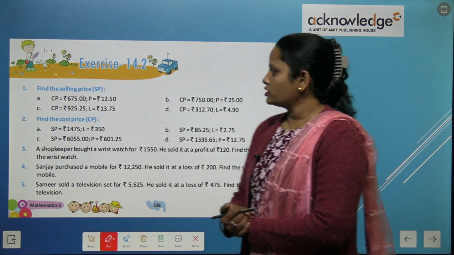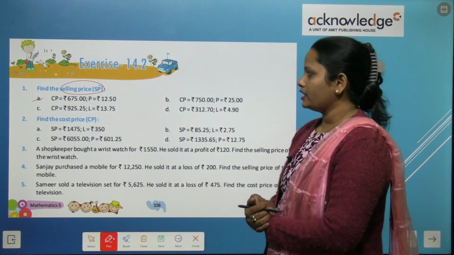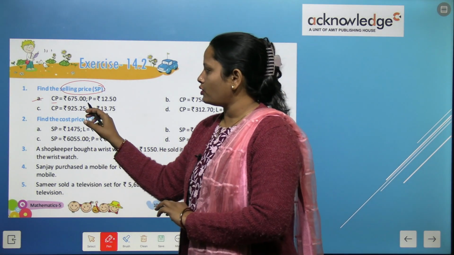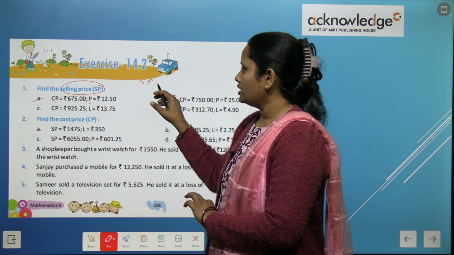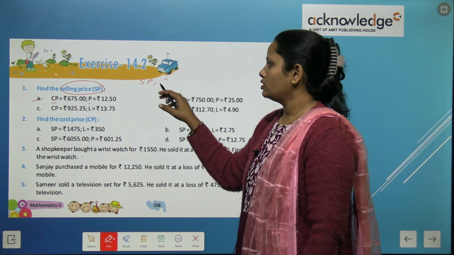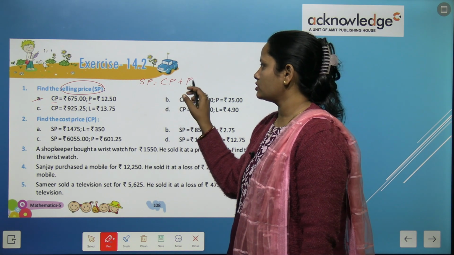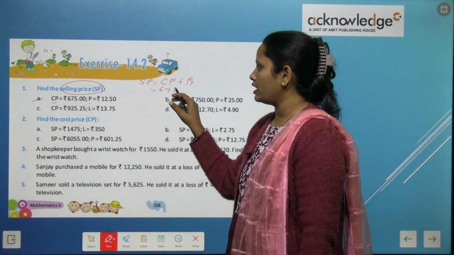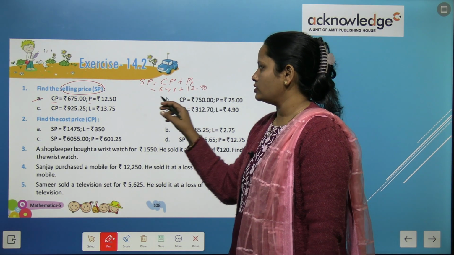So here children, the first question is we have to find the selling price. So selling price we have to find, and here cost price and profit is given. So selling price is equal to cost price plus profit. So here 675 plus 12.50.